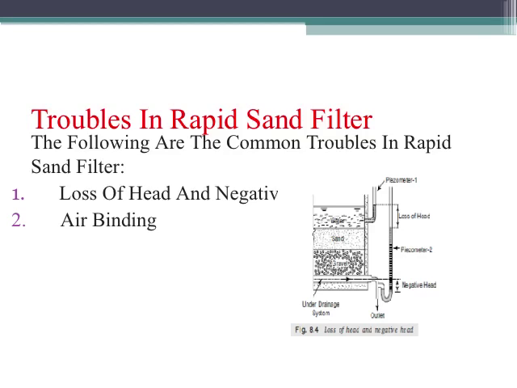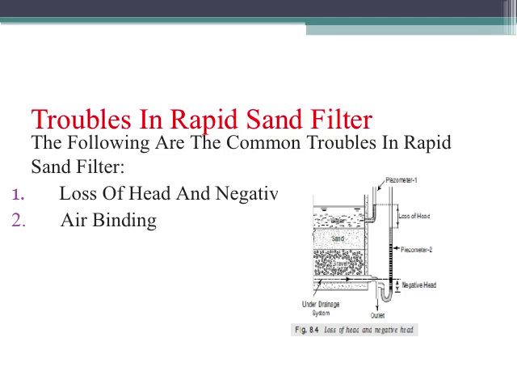The negative pressure so developed tends to release the dissolved air and gases present in the water. Bubbles form upon the release of the gases, which stick to the sand grains and thereby affect the working of the filter. The phenomenon is known as air binding, as the air binds the filter and stops its functioning, thereby reducing the rate of filtration significantly.